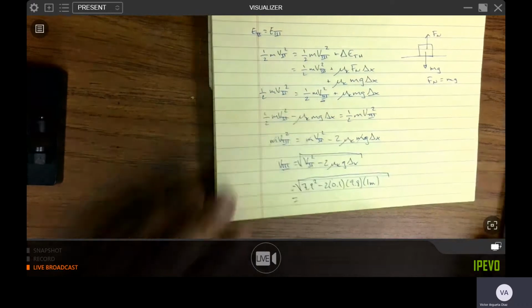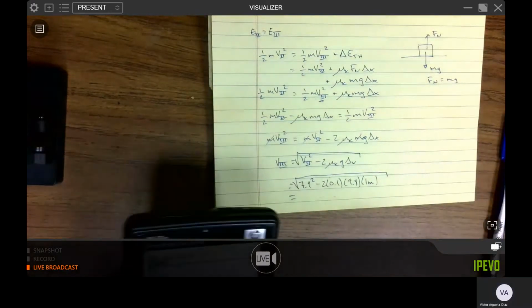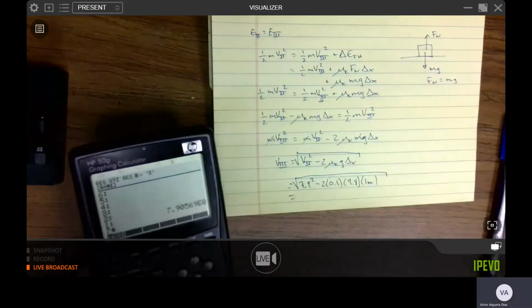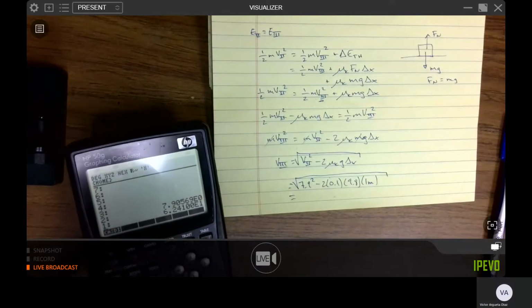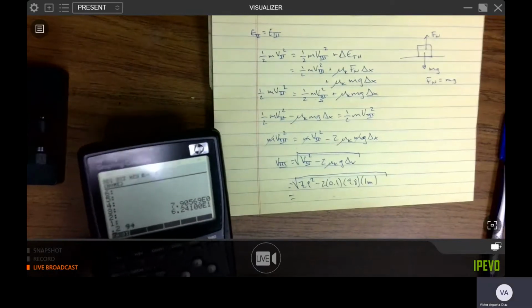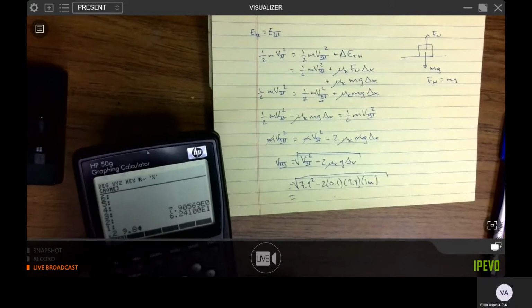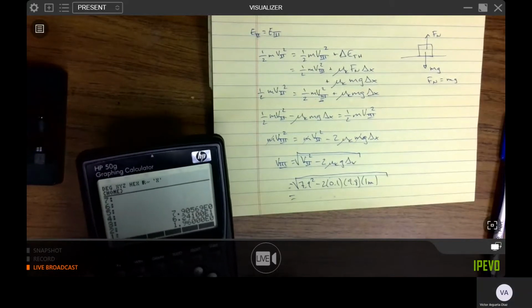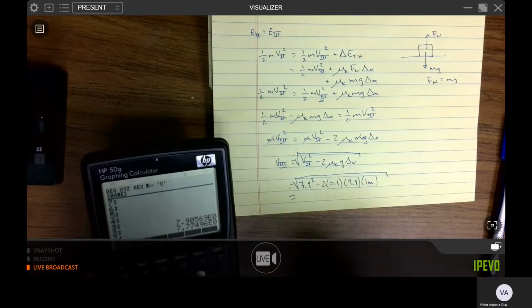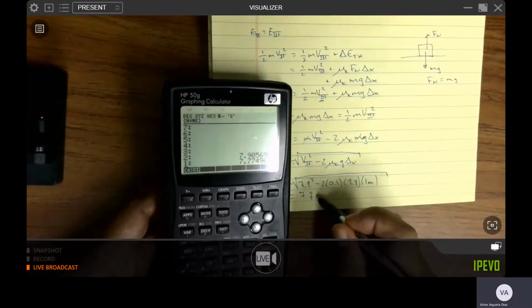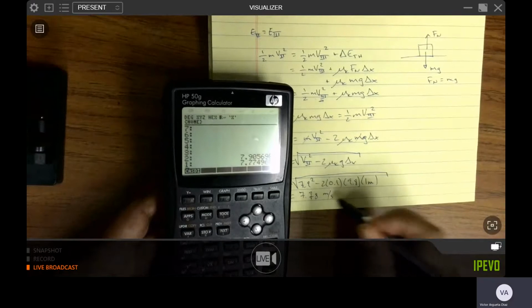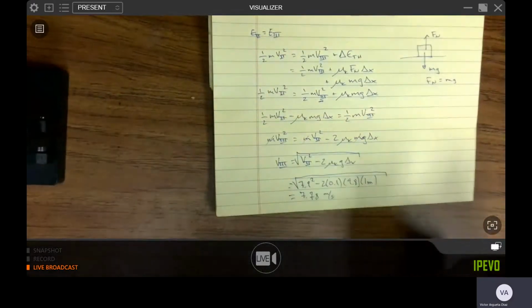And this will give me 7.78 meters per second. So just a small reduction in the velocity.